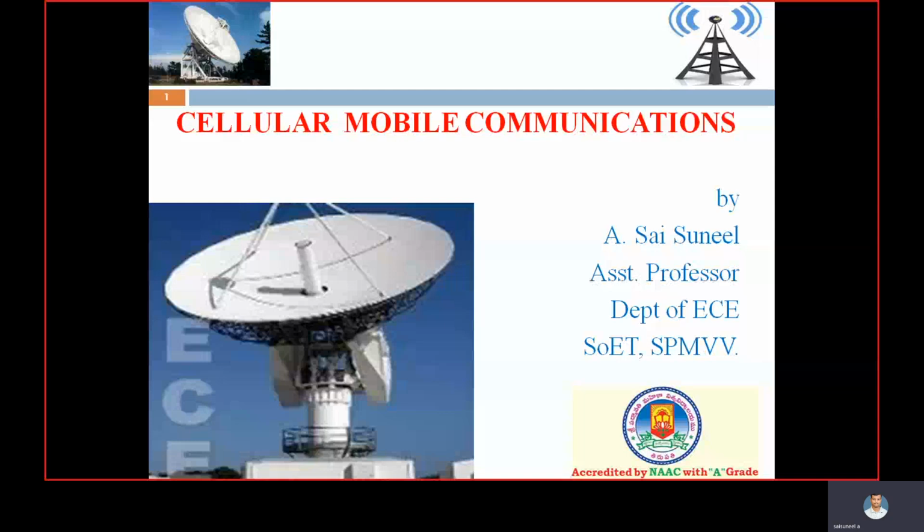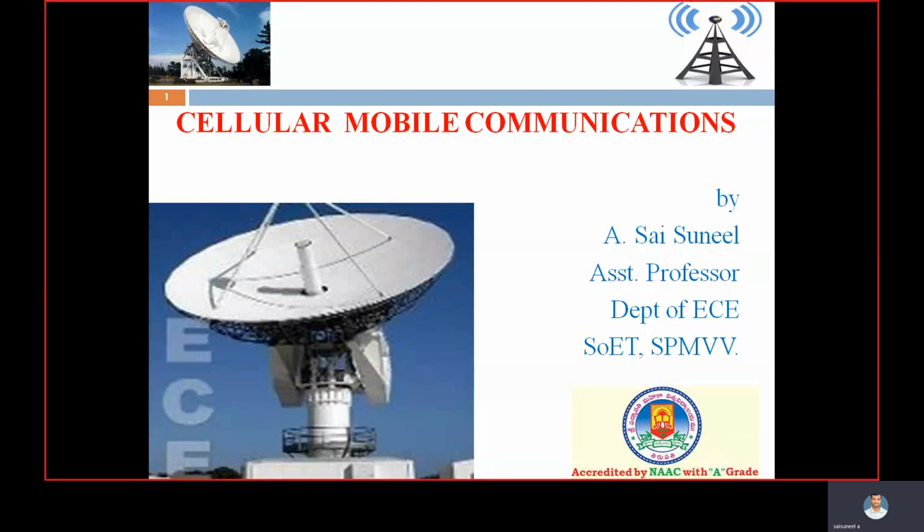Before going to the handoff technique, first we have to discuss the first generation of cellular mobile communication. In the first generation, whenever the mobile unit moves from one cell area to another, that is from one cell site to another cell site, the frequency is changed from F1 to F2.